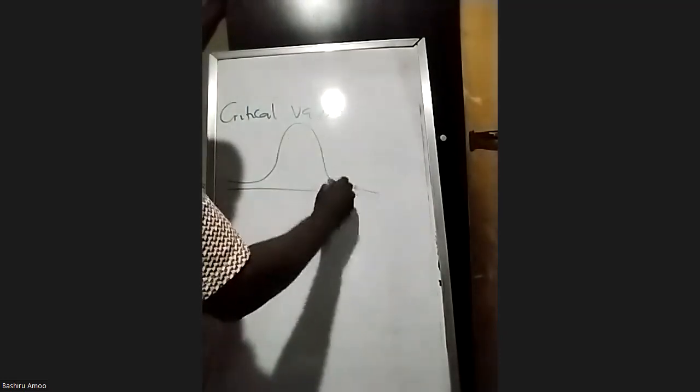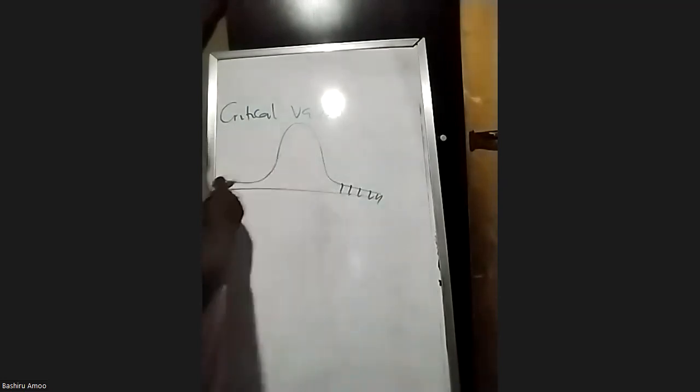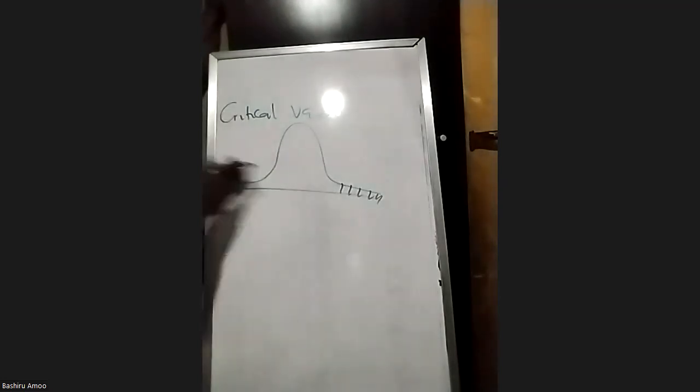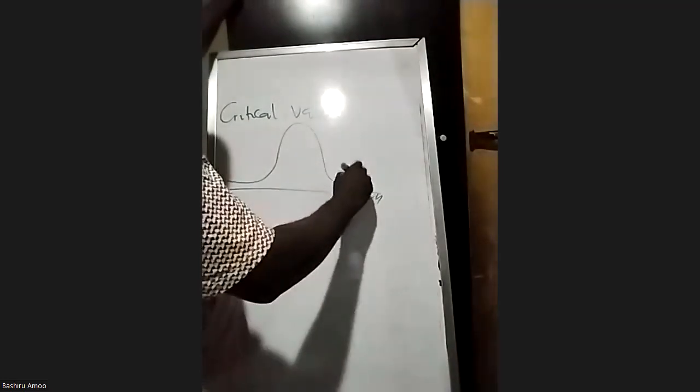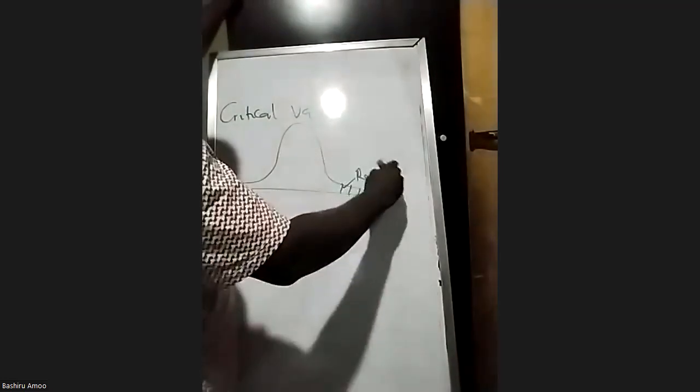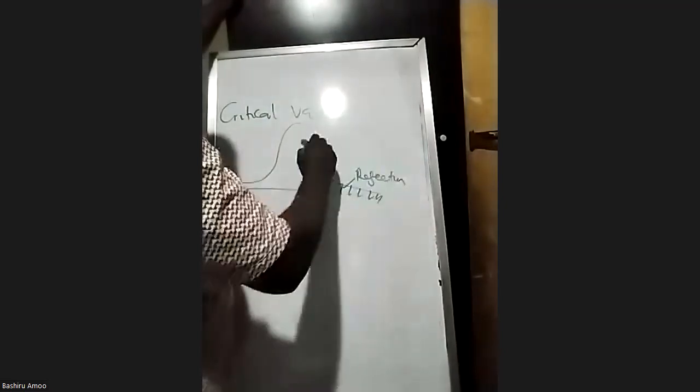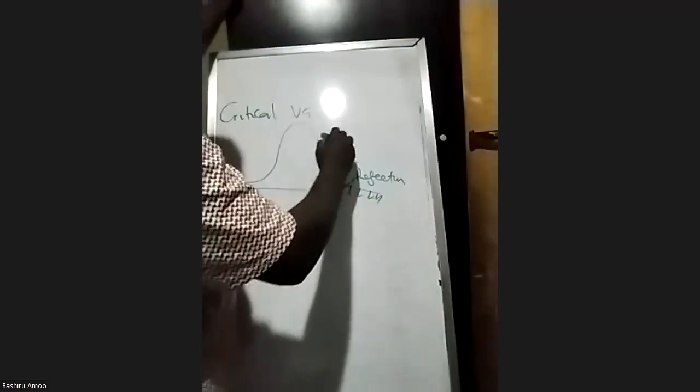The critical value can just look something like this. We shaded this. If you don't have a negative side, there's no need for you to even have this. Some textbooks don't have this here. So we call this the rejection region, and we call this the acceptance region.